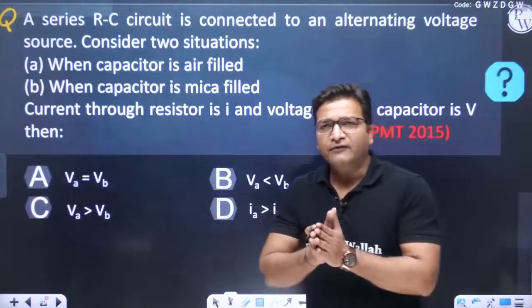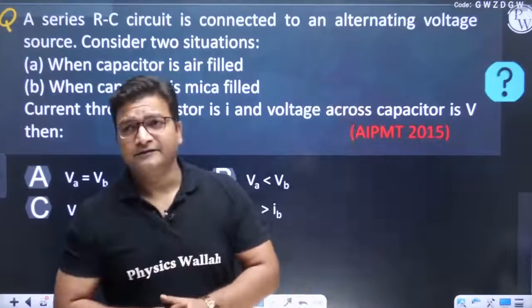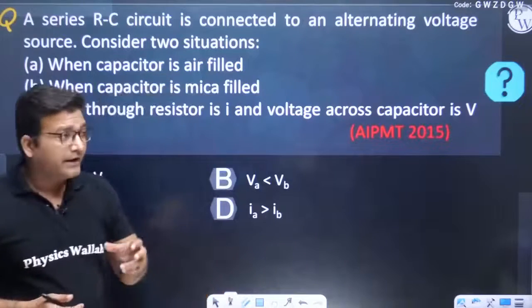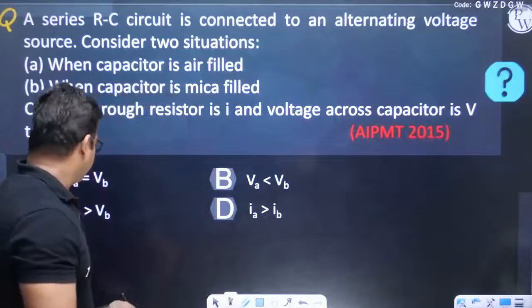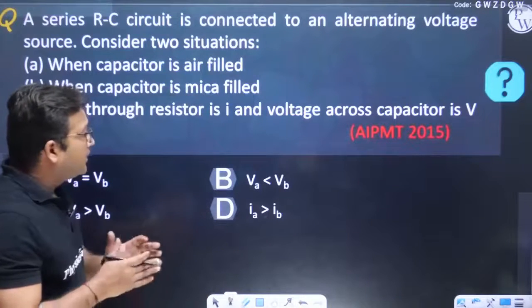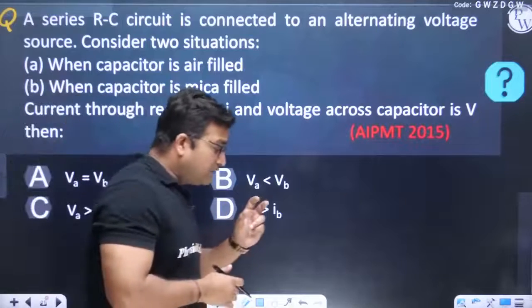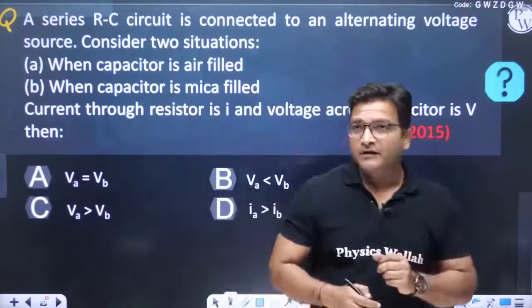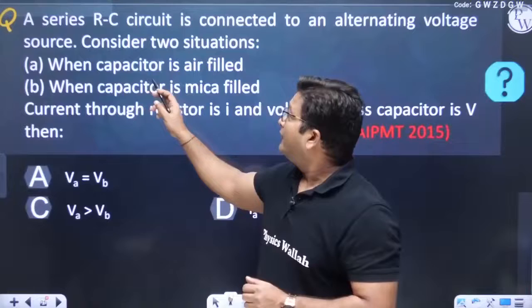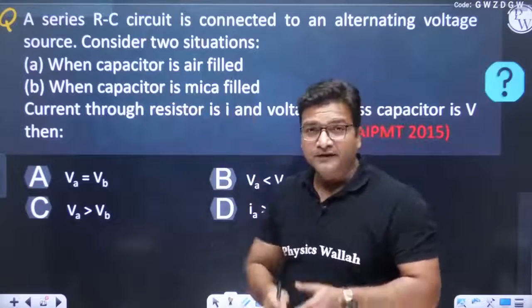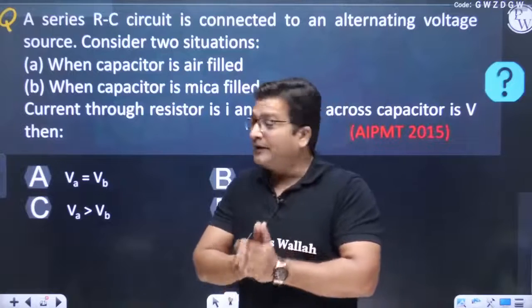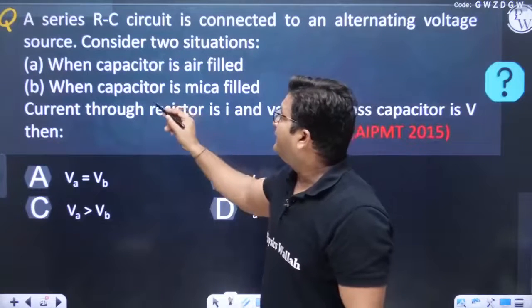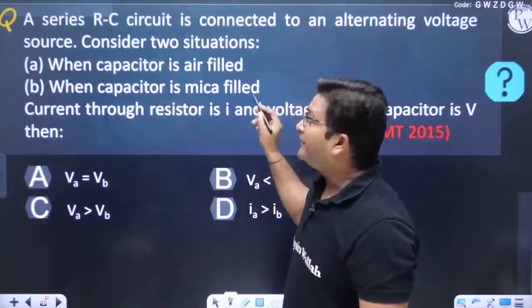Here they say we have a series RC circuit and it is connected to an AC voltage source. And they are talking about two cases. One, when the capacitor is air filled, meaning there is no insulation between the plates of the capacitor, and then when the capacitor is mica filled.